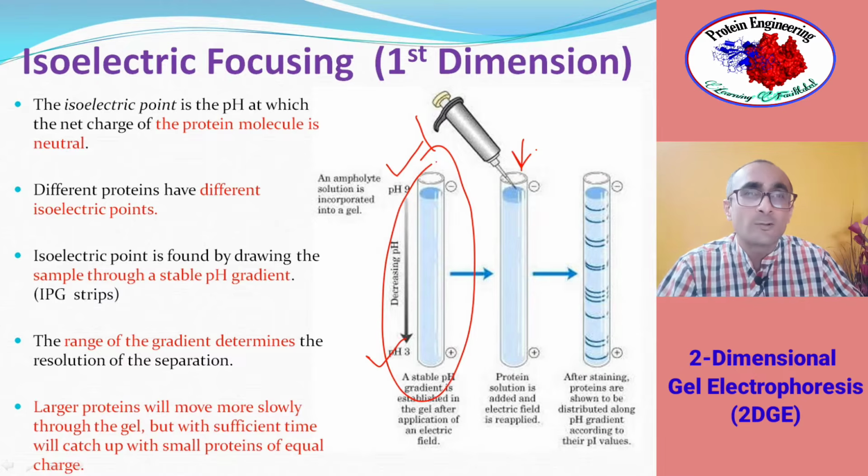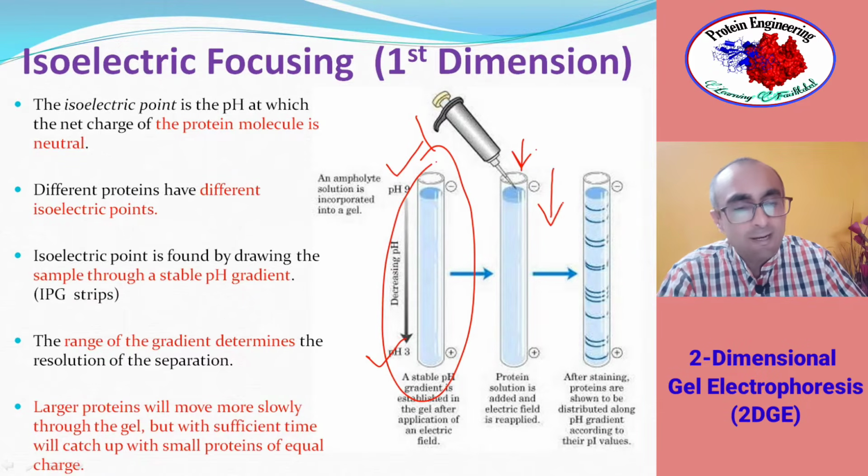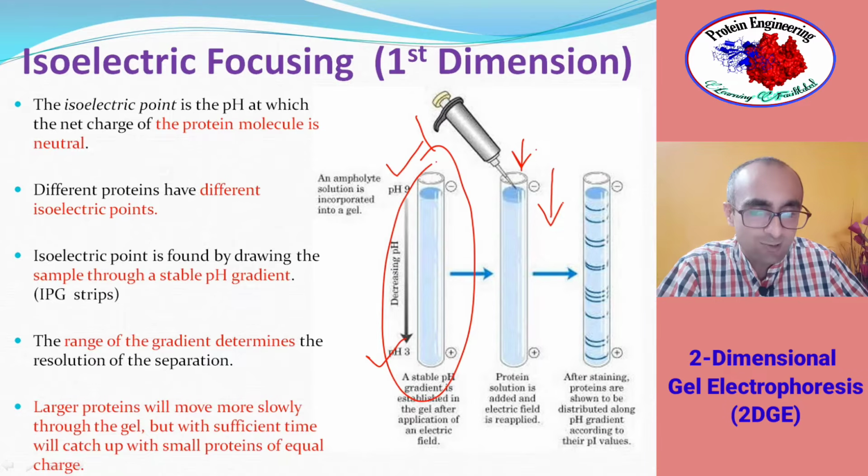So when you load the proteome at high pH, all the proteins, irrespective of their natural charge, will acquire a net negative charge, so that all the proteins can move from the negative electrode to the positive electrode.